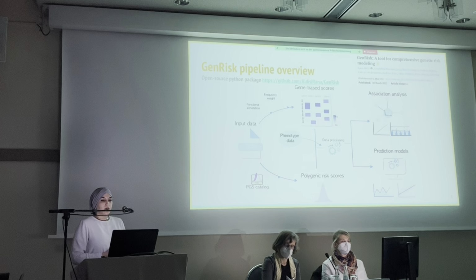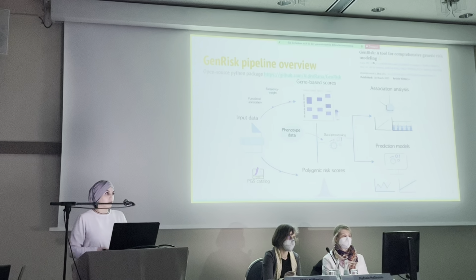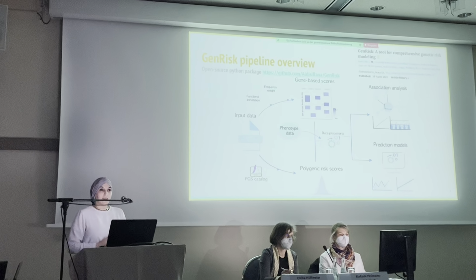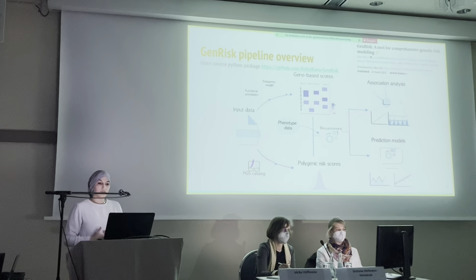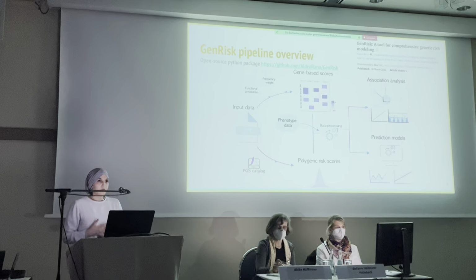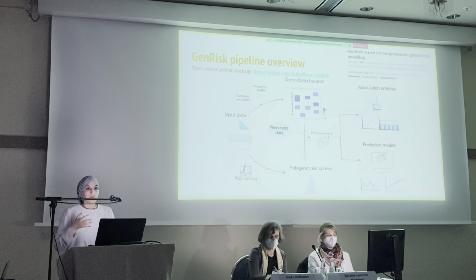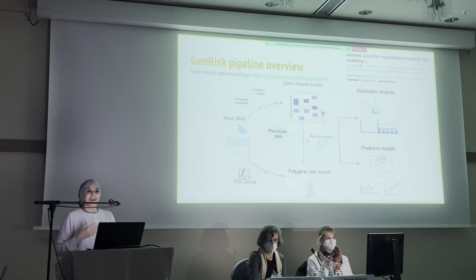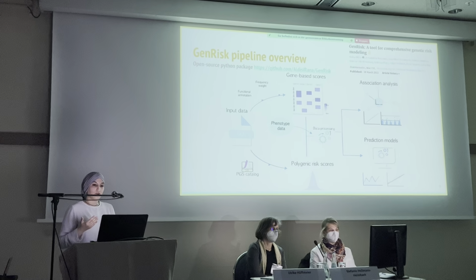Or you can use it to calculate the gene-based scores. These gene-based scores use functional annotations like CADD or REVEL, so a quantitative deleterious score, and the allele frequency. In these scores, we use a functional weight, so that the rarer the variant, the higher the score.